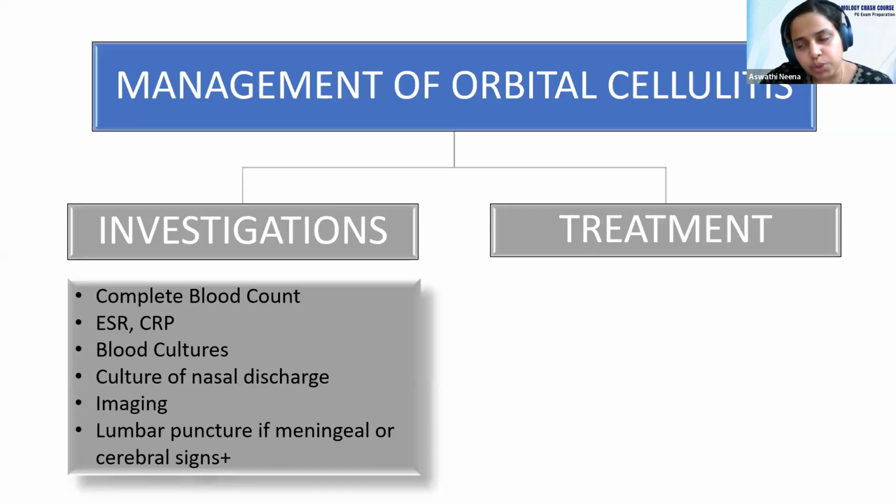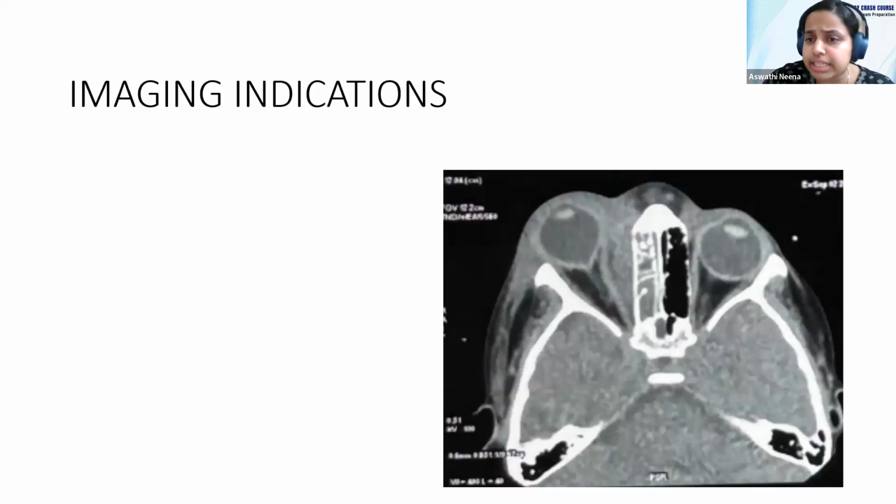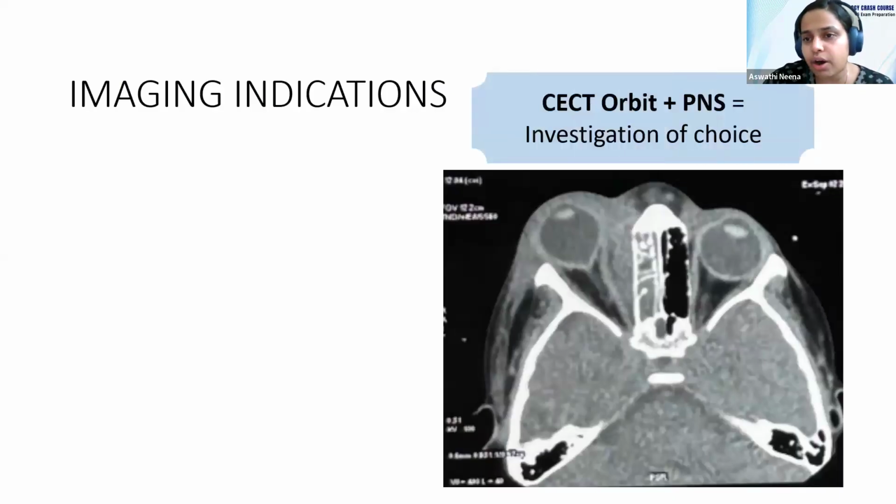Management, whenever asked, we always split into investigations and treatment. For investigations, we do a baseline complete blood count, blood cultures, culture of any nasal discharge that is available, and imaging. What we prefer is a contrast enhanced CT of the orbit as well as the paranasal sinuses.